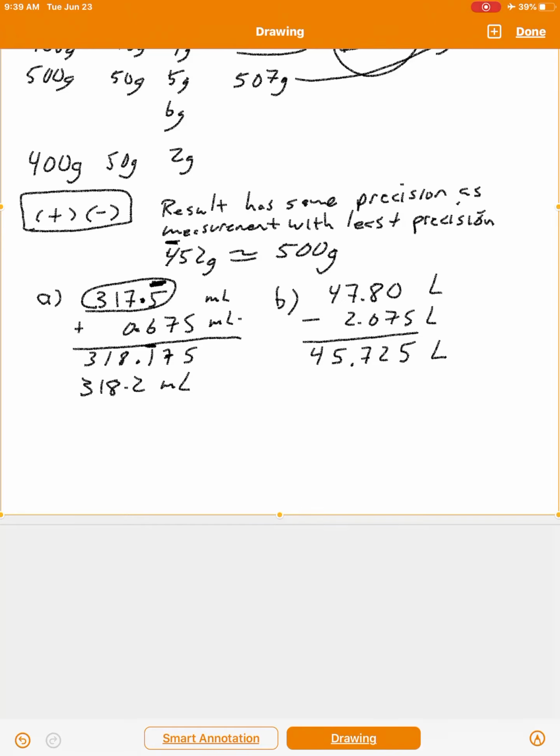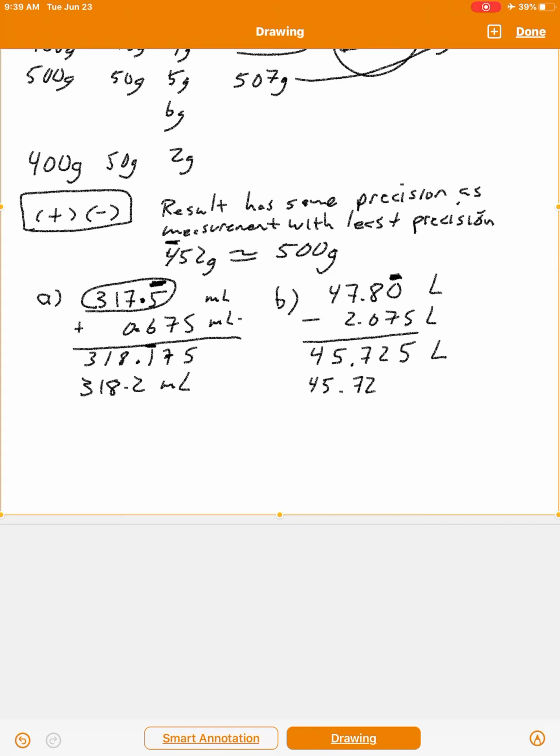Now, which one goes the furthest out to the right? It's this one right here. So that means we're going to round it at that digit. So 45.72. Now the number that comes after it is a 5. So that's exactly right in between.